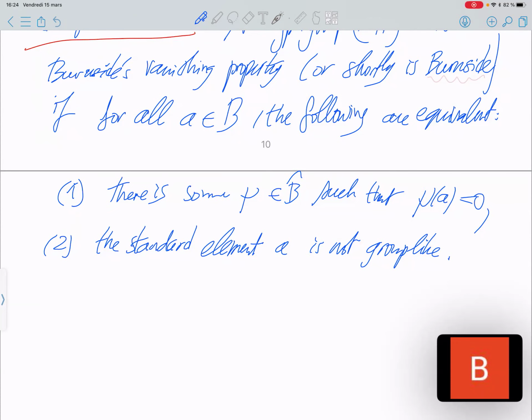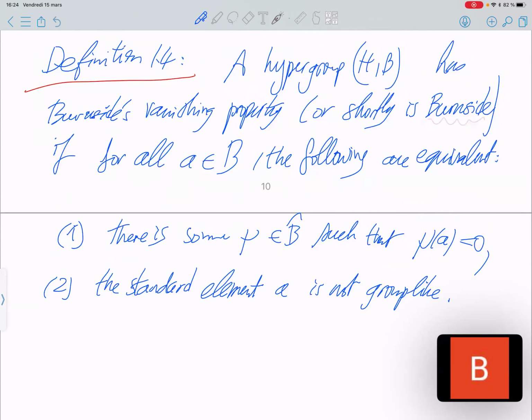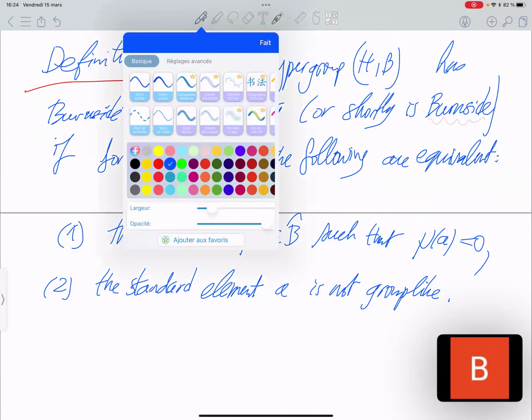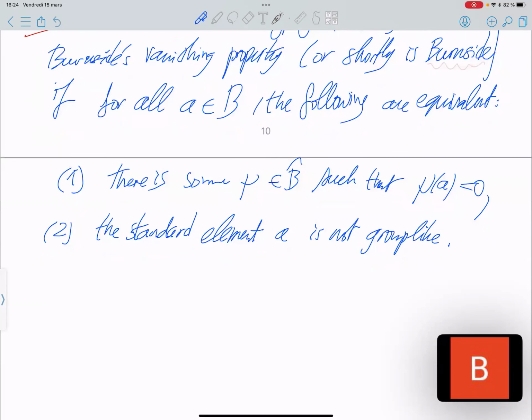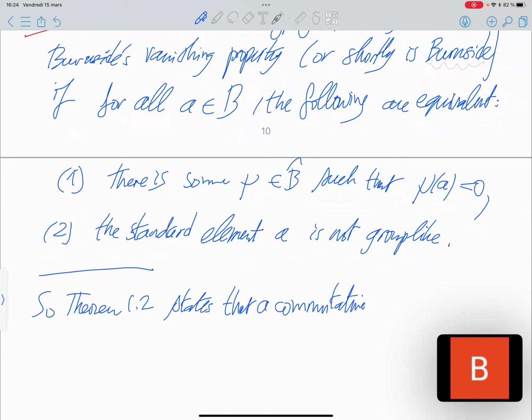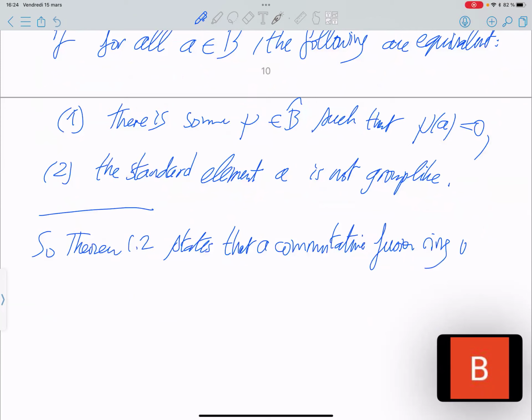So in other words, theorem 1.2 states that the commutative fusion ring with H integral dual is Burnside.